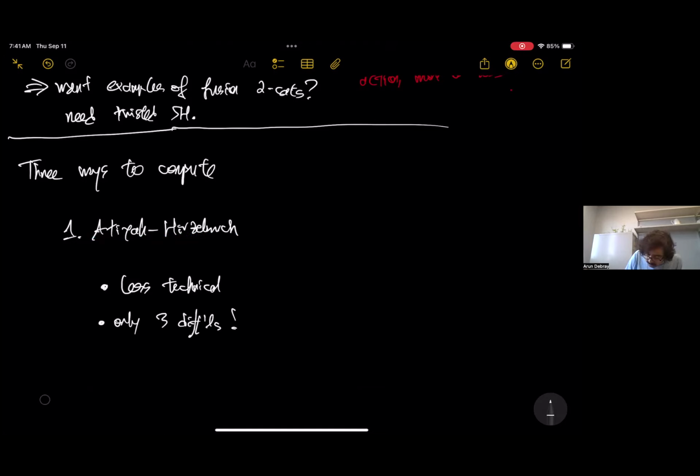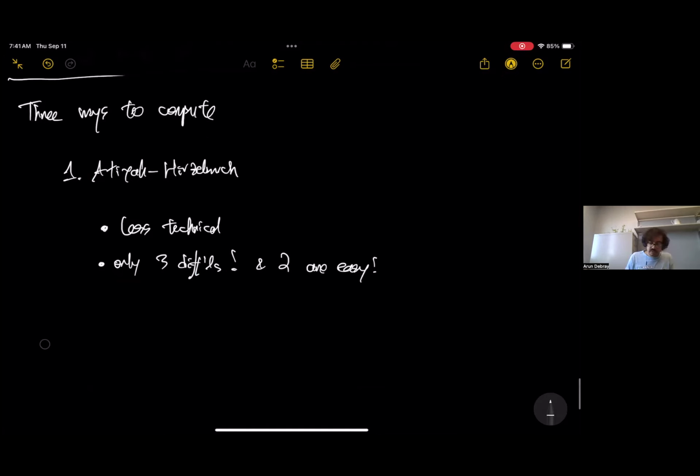There's only 3 differentials, and 2 are easy, which is to say that they have a formula coming from the k-invariant. And then there's the d3 given by a secondary cohomology operation, which is a little harder. But extension questions on E infinity are frequent and messy.